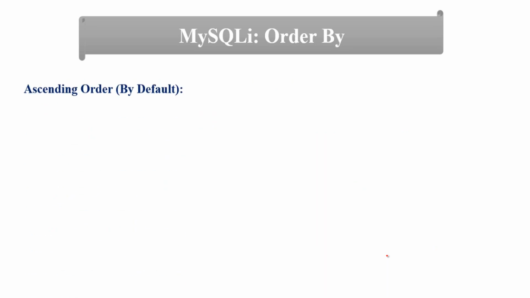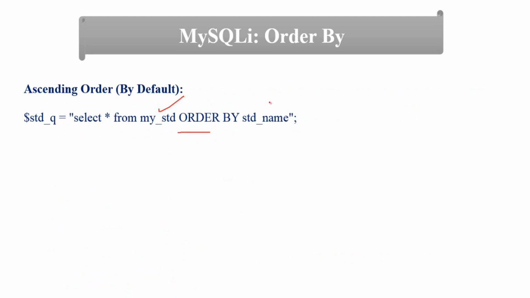So a different example, ascending order by default. This is the query: select all from the MySQLi table name, order by std name. On the basis of this column, records will be displayed in ascending order, and then run that query.